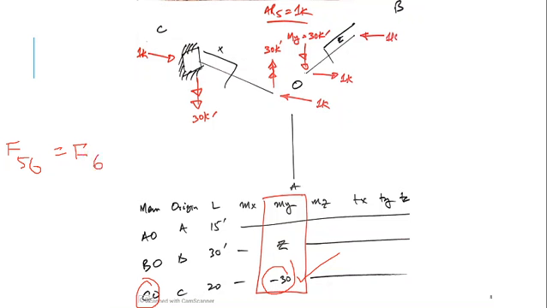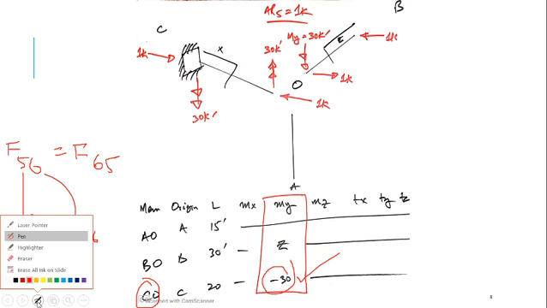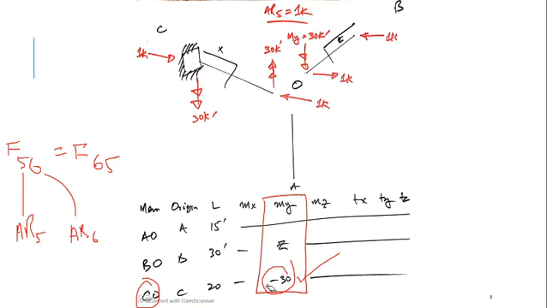I have to deal with two moment tables. Which moment tables? When AR5 was 1 kip and when AR6 was 1 kip. This one. So here AR5 is equal to 1 kip. Okay, let me remove this.